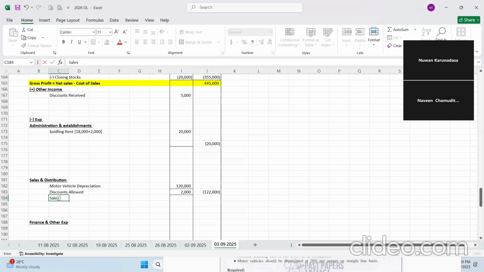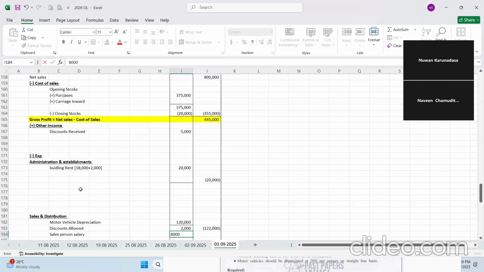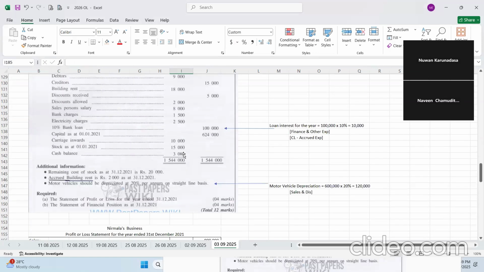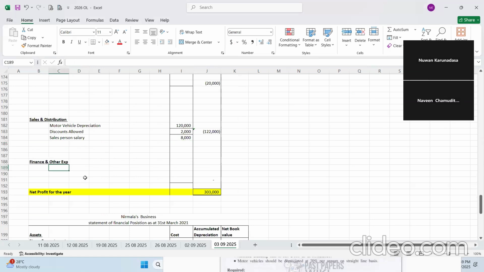Salesperson salary is 8,000. Bank charges, finance and other.